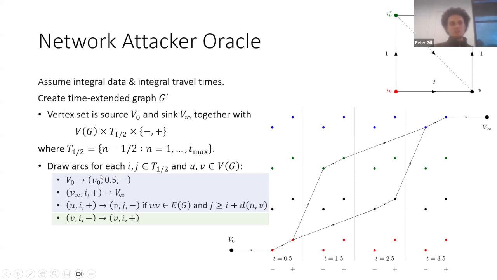My edges are natural to draw, so I have my source and sink edges there. And then I draw an edge if I'm allowed to go from node U at time I to node V at time J. So I need that inequality to hold over there.